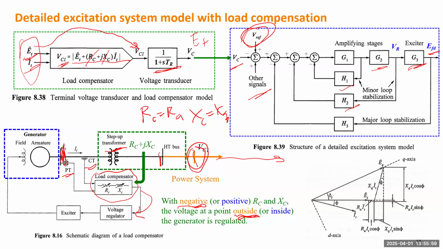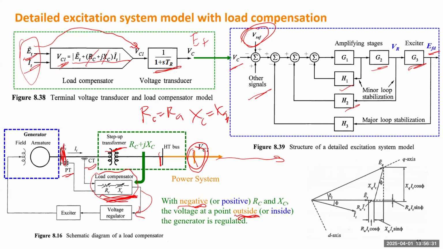Then you just need to estimate the total impedance from the terminal to that point. Based on that R and X, you implement that value here. Then when you control the exciter, it doesn't control the terminal of the generator, it actually controls that remote location. Okay, is that clear? Does that make sense? That's why sometimes we need this load compensator.